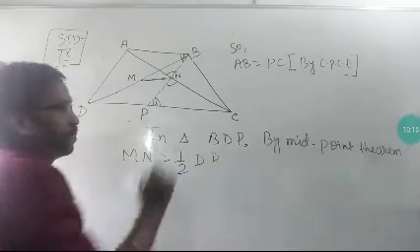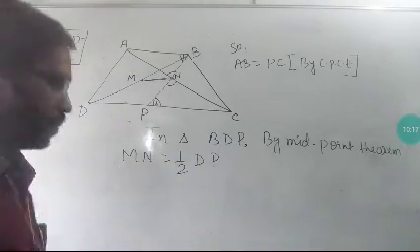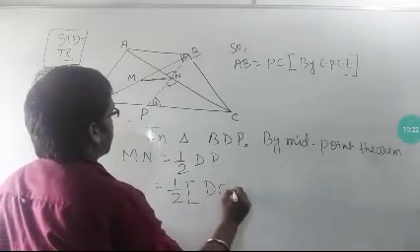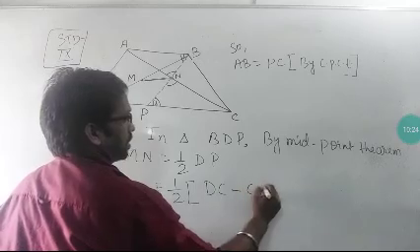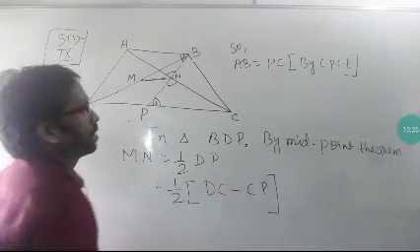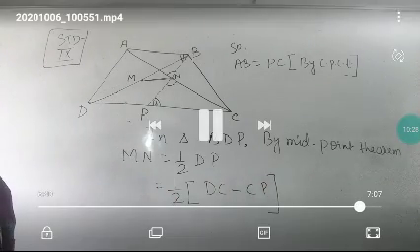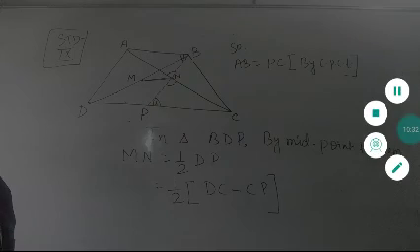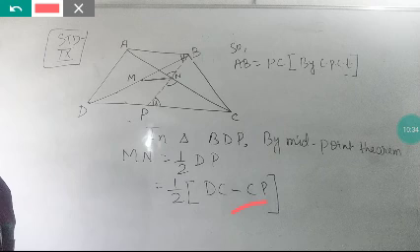But we have to prove DC minus AB. So here you observe that DP can be written as DC minus PC. And what we have proved is that CP is equal to AB, so in place of CP I can put AB here.